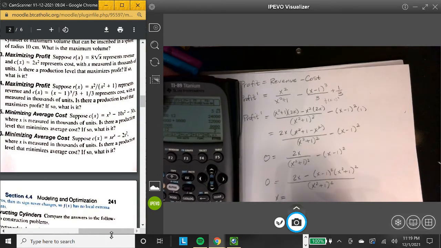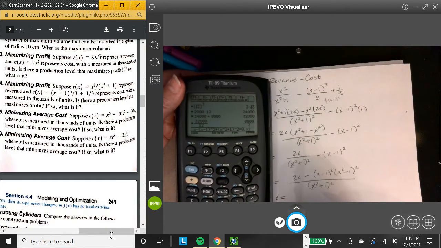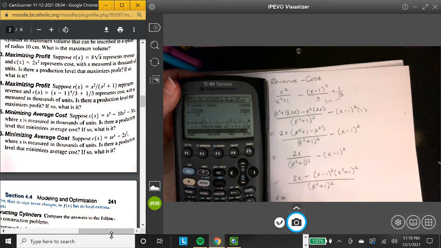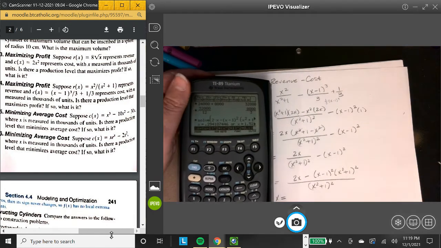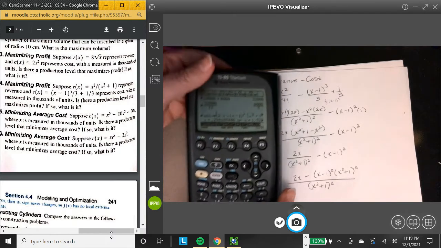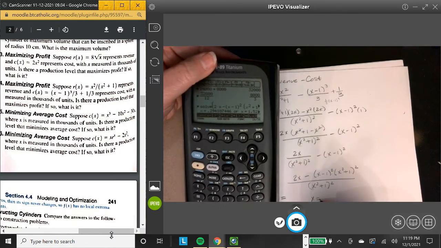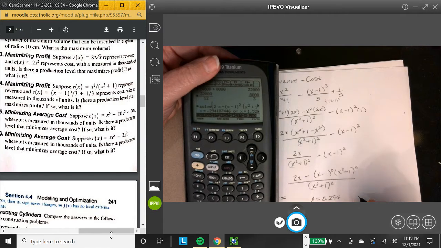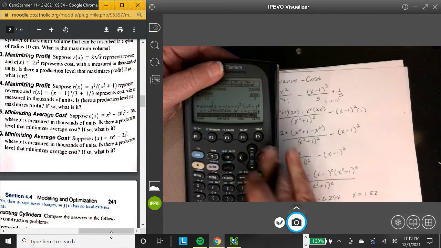X equals, it's thinking, all right, so we're getting x equals 0.2941, and then we're getting x equals 1.52.